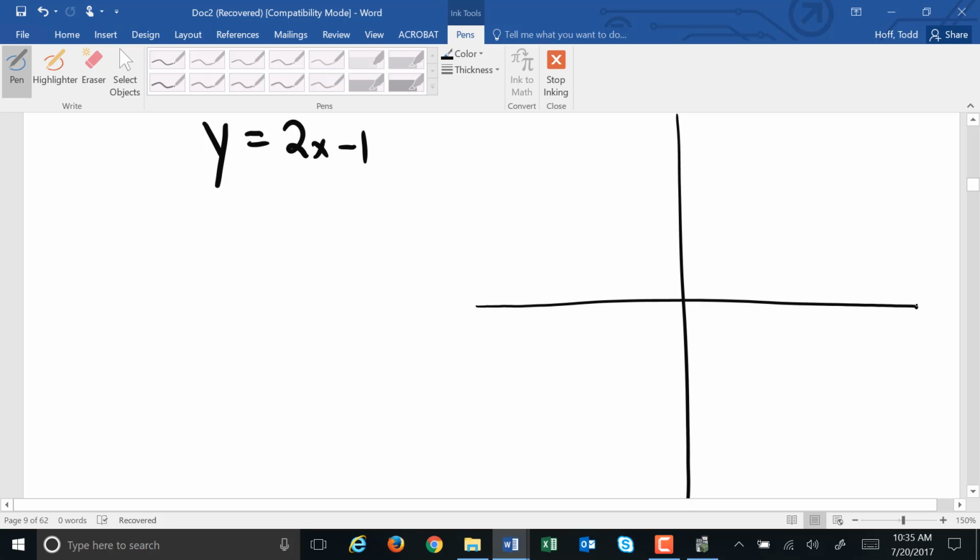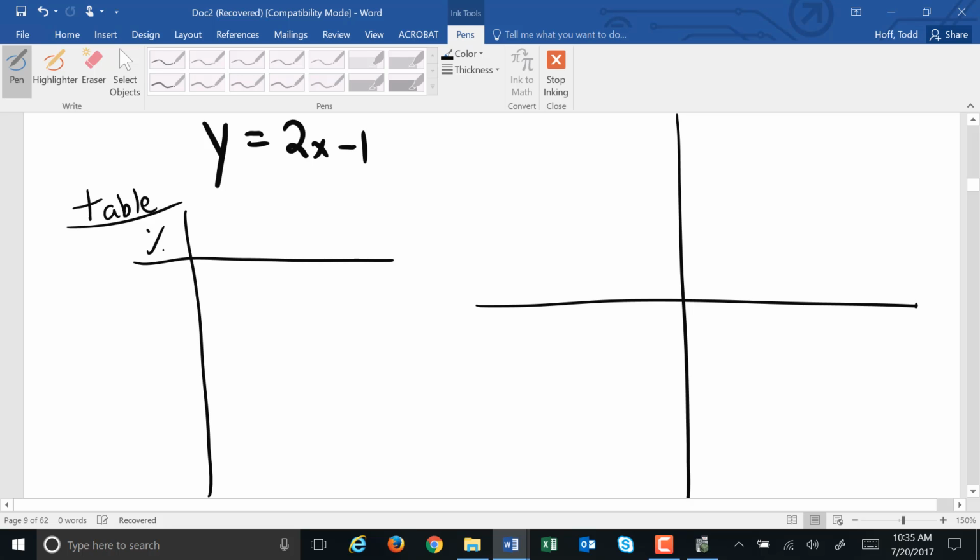In order to put them on a graph, we're first going to make a table. And in our table, we're going to pick values of x. Now remember, x we said was the independent variable, the independent axis.